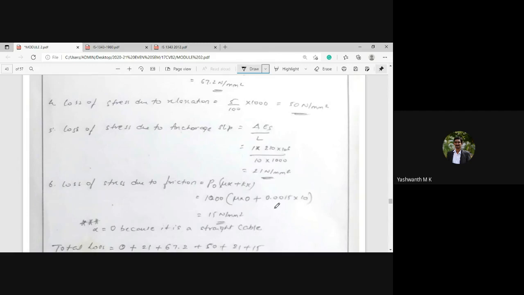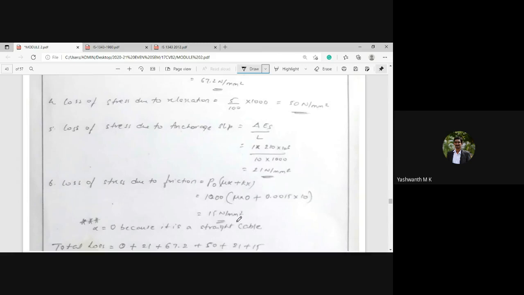Is it clear? Please observe, all these entities are in meter. So whatever I substitute is in meter. Hence the answer will finally be 15 Newton per millimeter square.